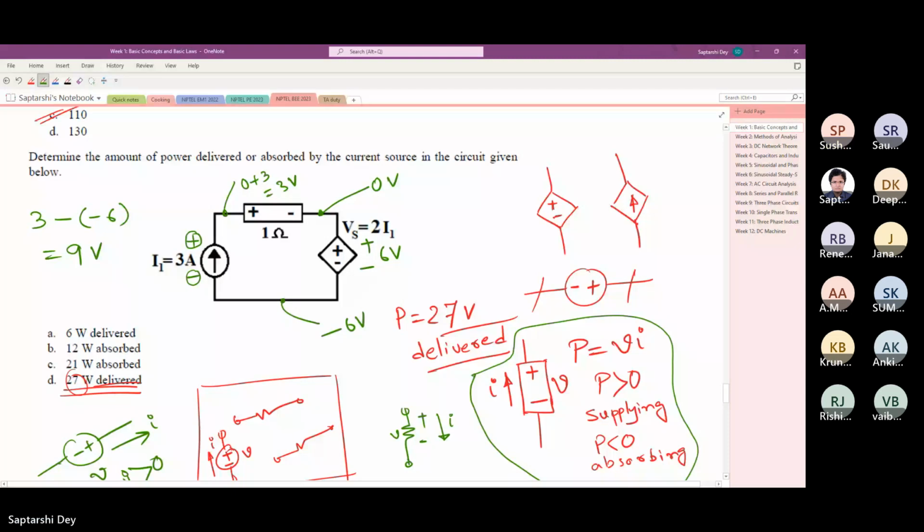Right, sir. Now the question is, this current source was delivering 27 watt of power. Where is this 27 watt of power going? It must be going somewhere. Energy conservation. Can you tell me?